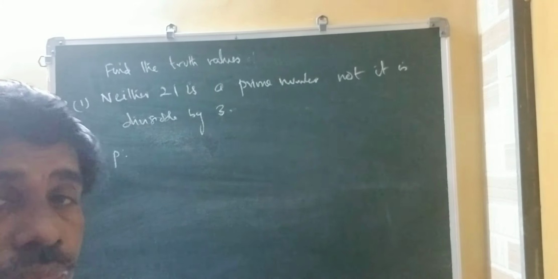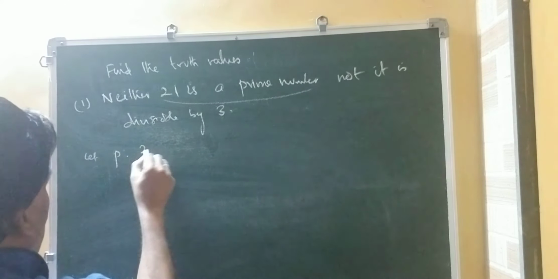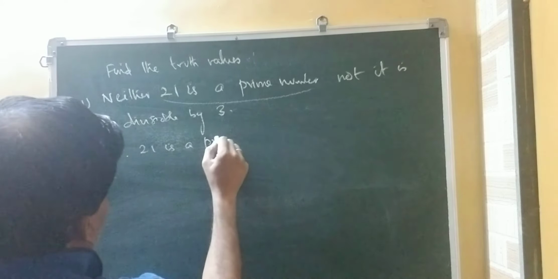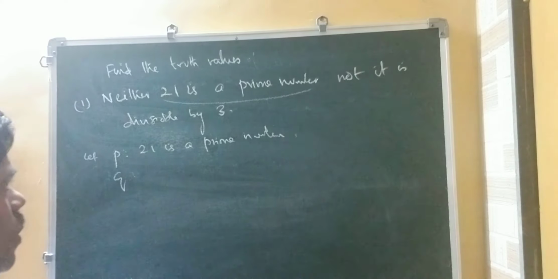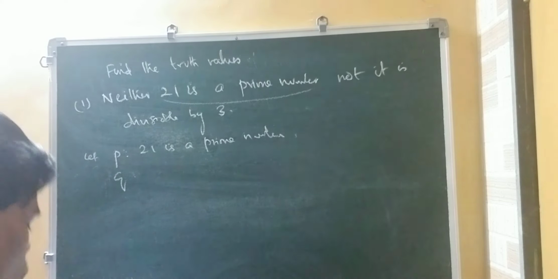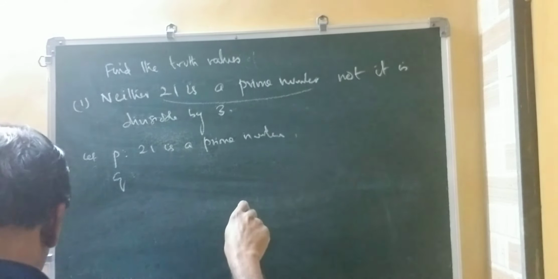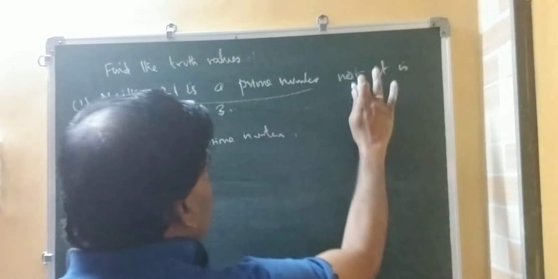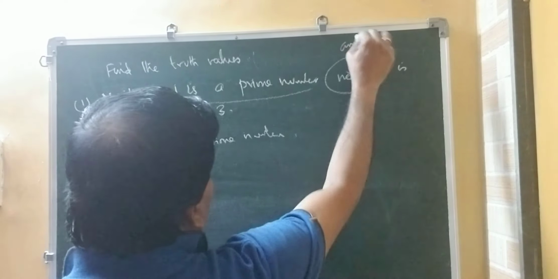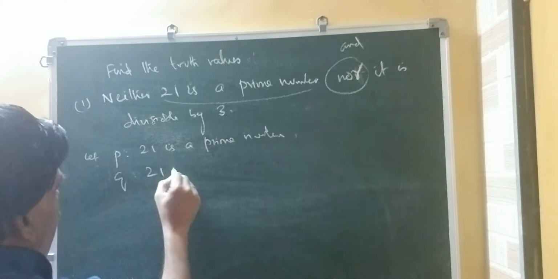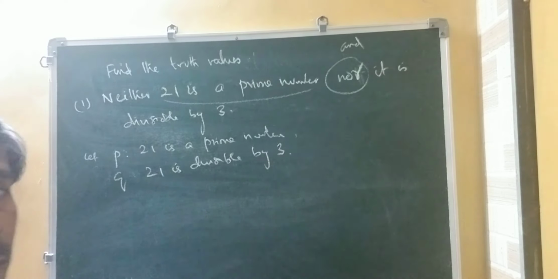See here, you very clearly see that what it should be, 21 is a prime number. One statement. What should be the second statement? Nor means and. So 21 is divisible by 3.